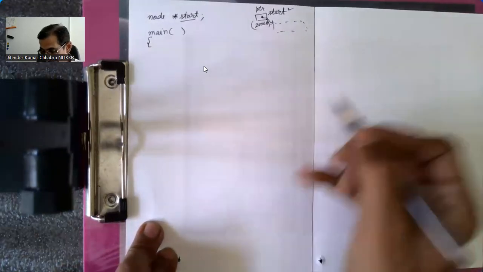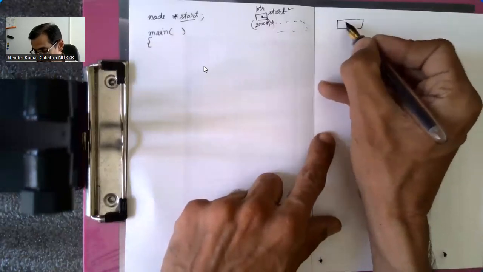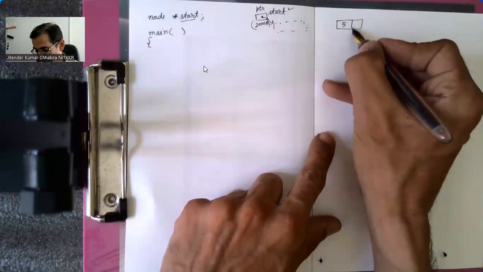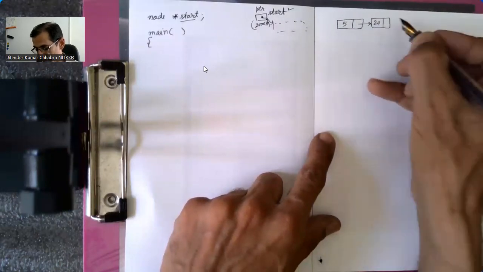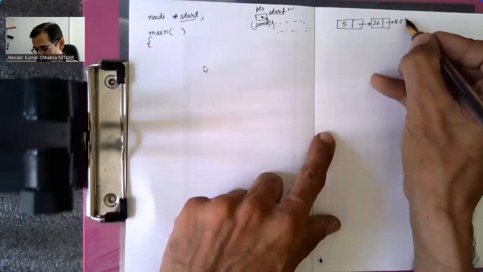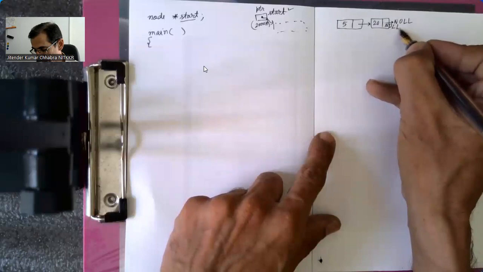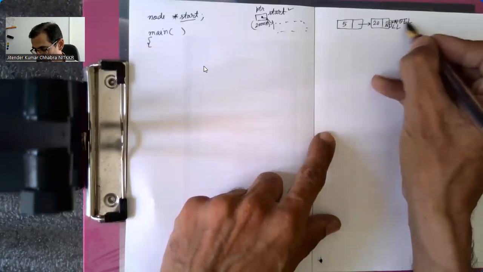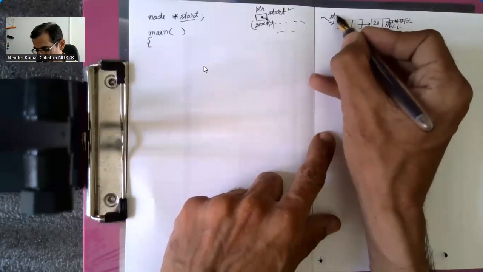Let's assume I want to create a linked list. For the time being, I want to create a linked list of this type. To be precise, I will write NULL here, whether I show it like this or store it like this. I want a list like this to be created.